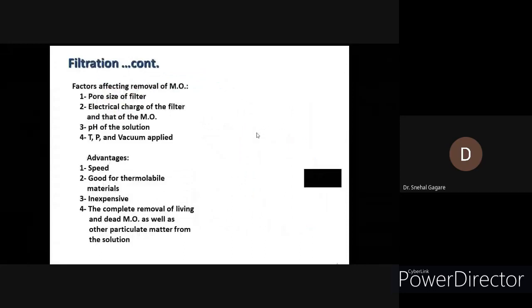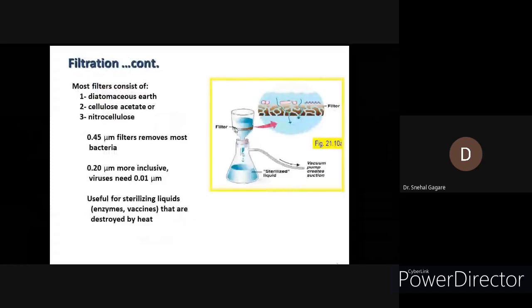Now, what are the factors which are affecting the removal of microorganisms? Because to remove microorganisms, as we have discussed initially, we need a specific pore size. Like you can see microbes over here, and they will not enter the filter if the pore size is very less.